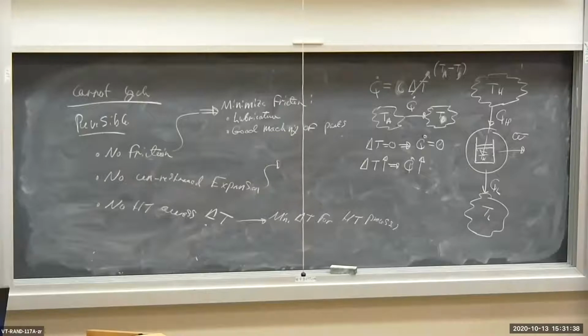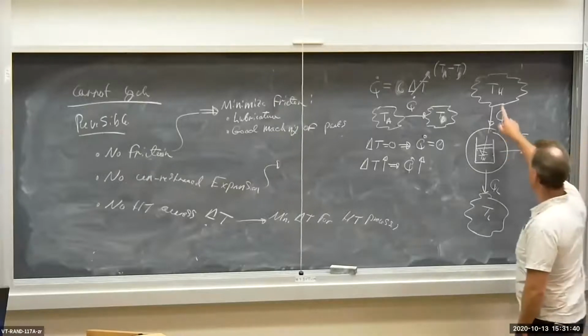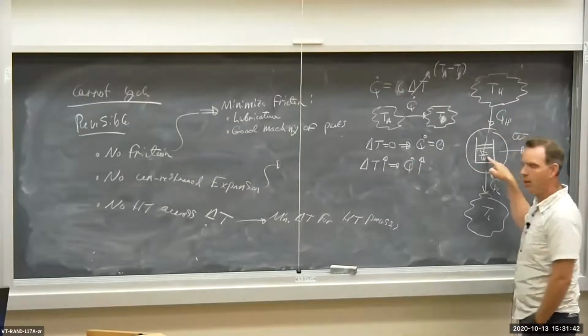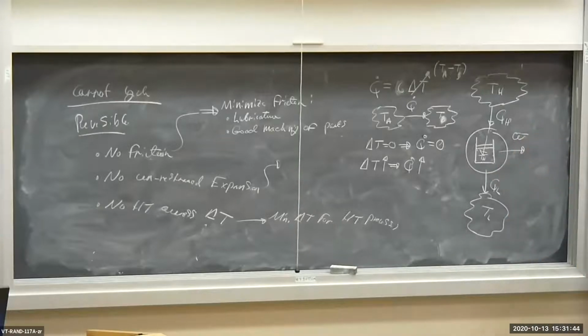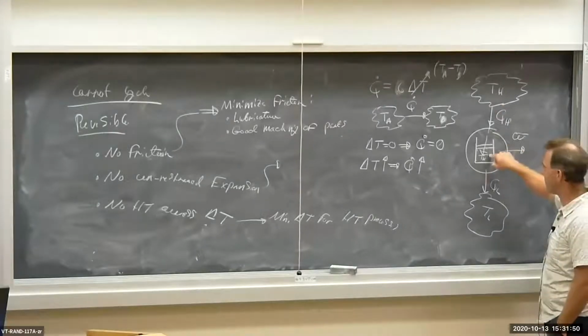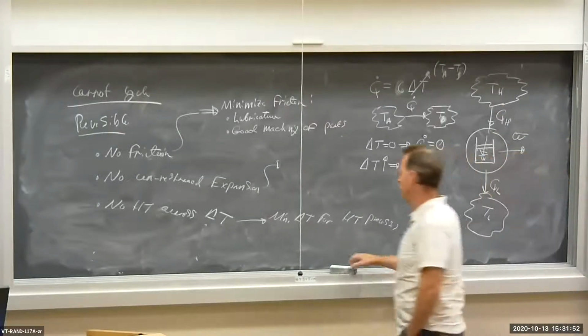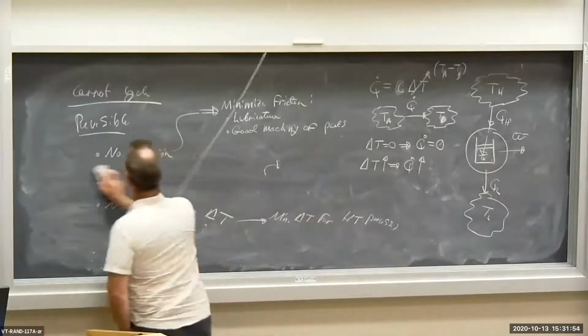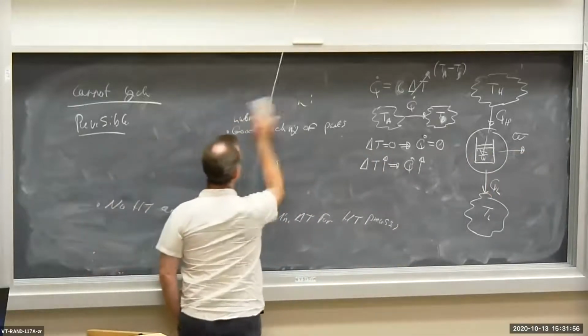Now, in the Carnot cycle, the reservoir temperature and the working fluid temperature during the heat addition process are the same. They are both at temperature T high.